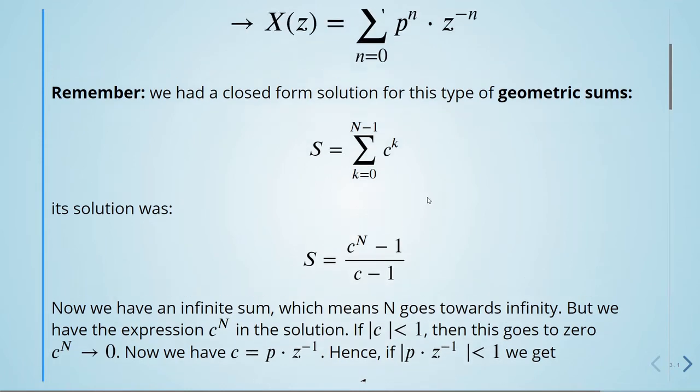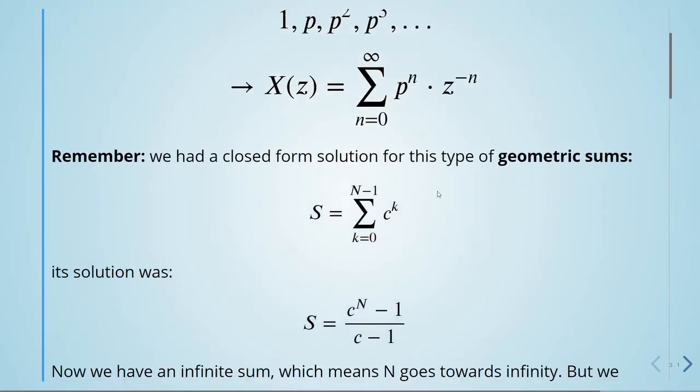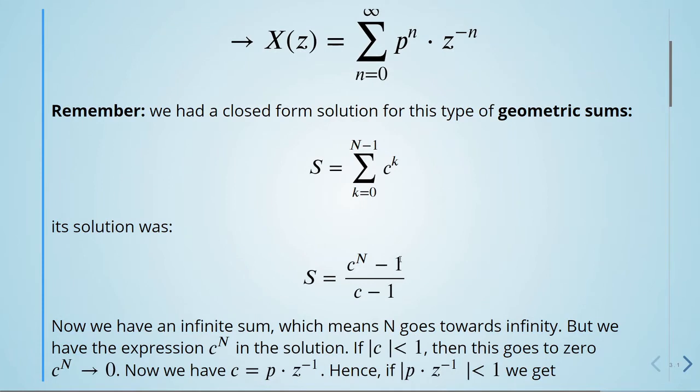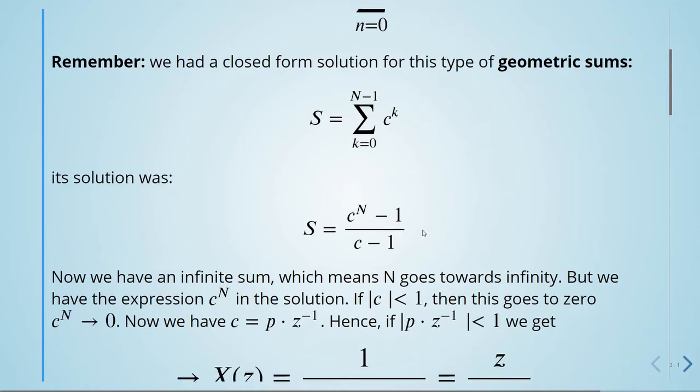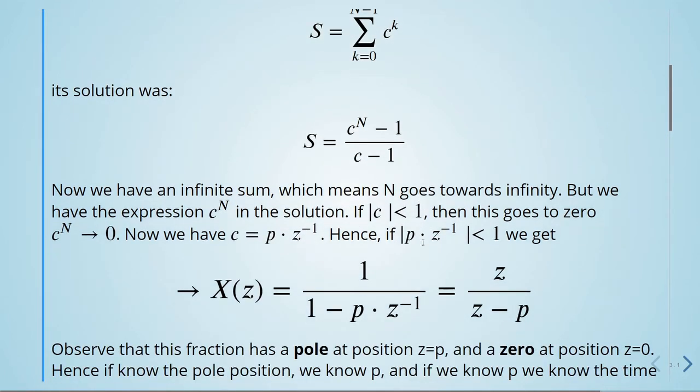The thing is that now capital N goes towards infinity, so we have here c to the power of capital N. When N goes to infinity, if the absolute value of c is smaller than 1, then this goes to 0, and then we have this solution here.